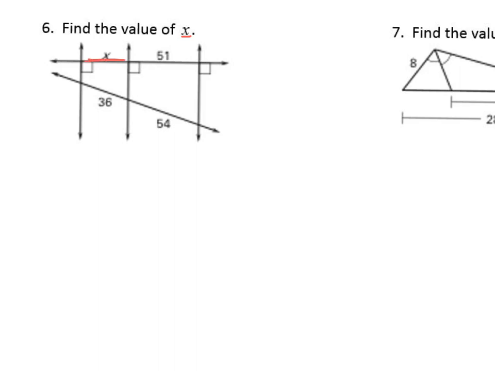So we have 2 options. I can match up x to 36, the side across from it, and then to complete my proportion, we can do 51 to 54.